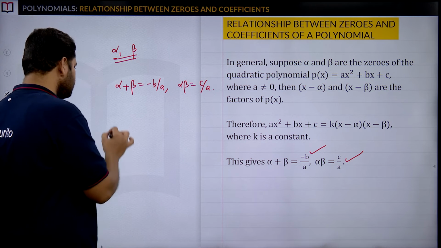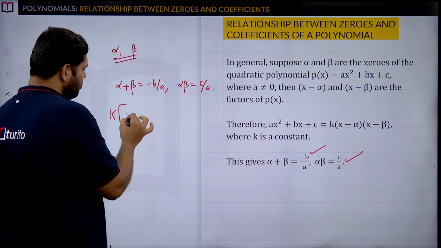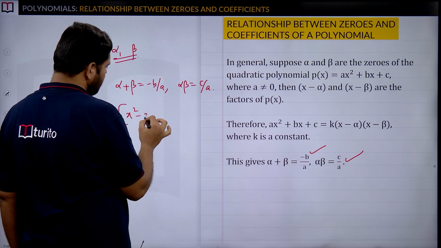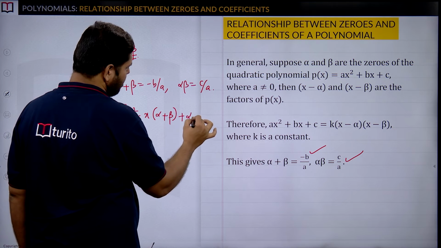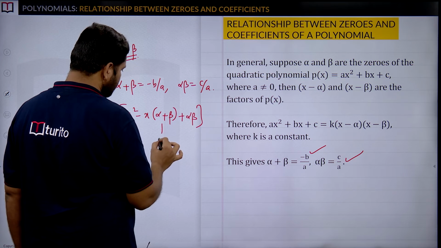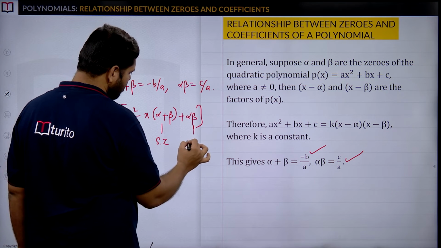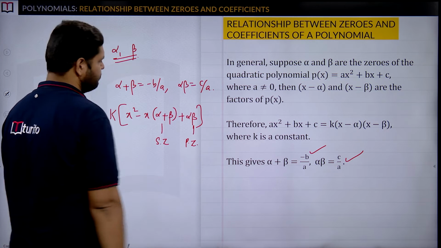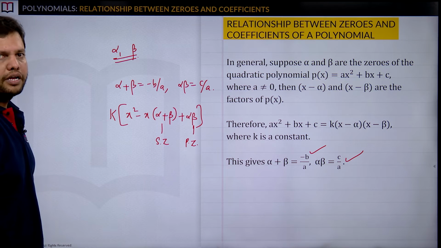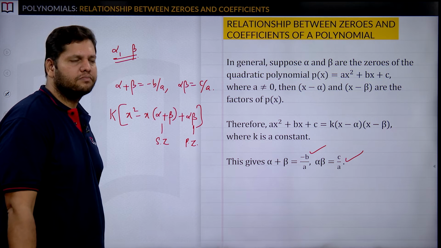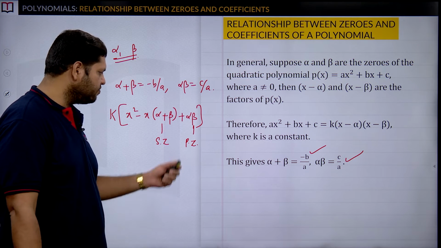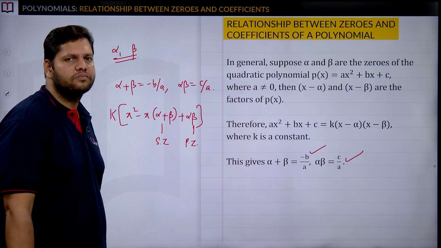The formula is k into x square minus x into alpha plus beta plus alpha into beta. This is the sum of the zeros, and this is the product of the zeros.